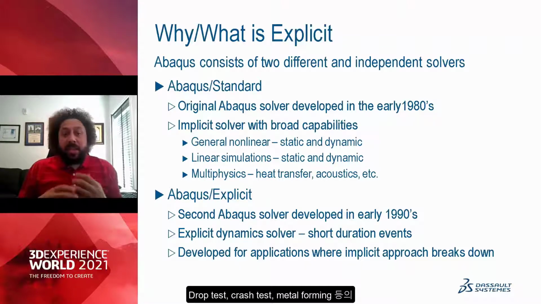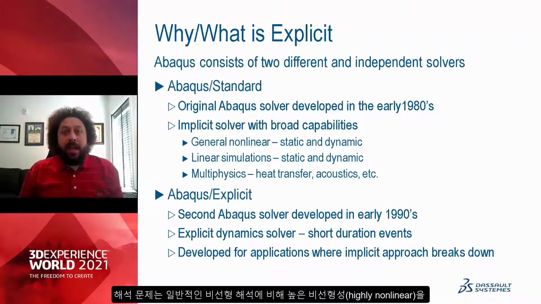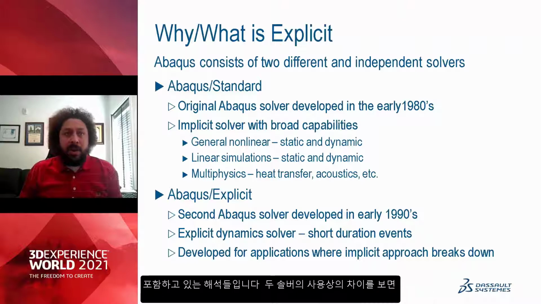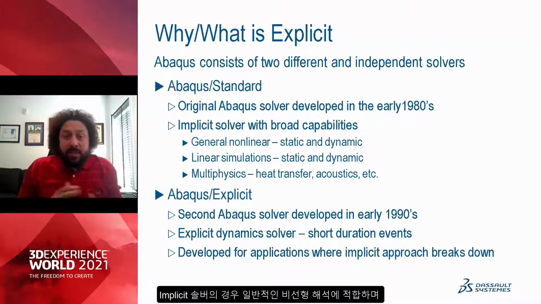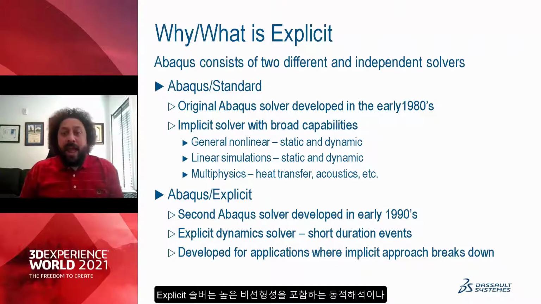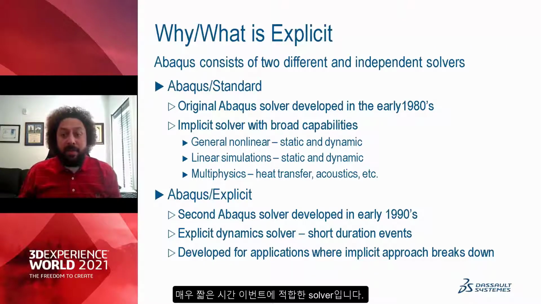So think of things like drop testing, crash testing, crushing, metal forming, those types of highly nonlinear, high energy events. That's really the difference between the two solvers. The implicit solver is your standard finite element analysis solver. The explicit solver is completely independent and really meant for highly dynamic, short duration events.